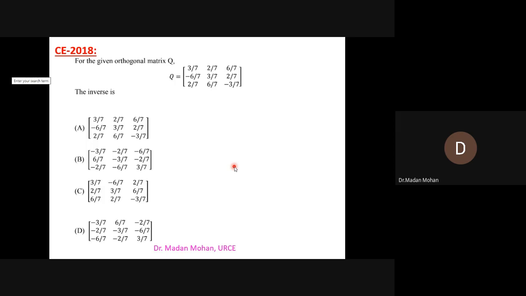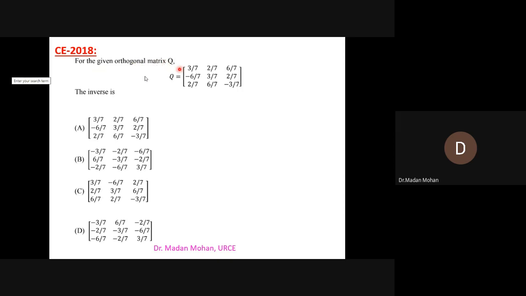Option C, sir. Okay. How are you getting that answer? That I require. For an orthogonal matrix, A inverse is equal to A transpose. Very good. You got the point. You have to use this one.